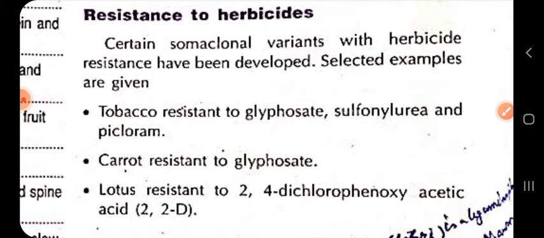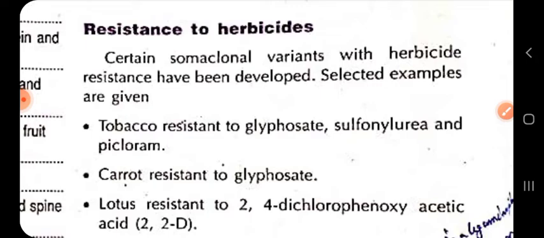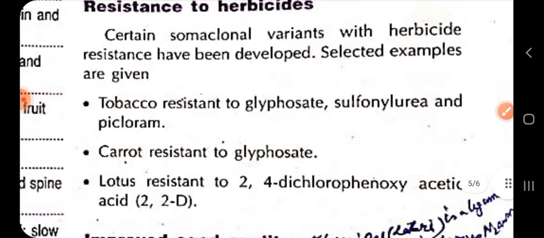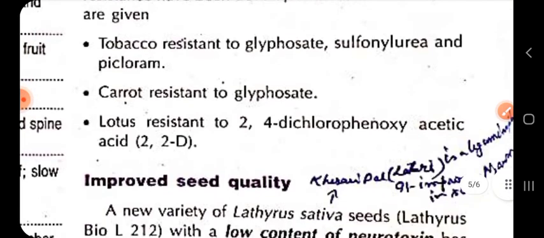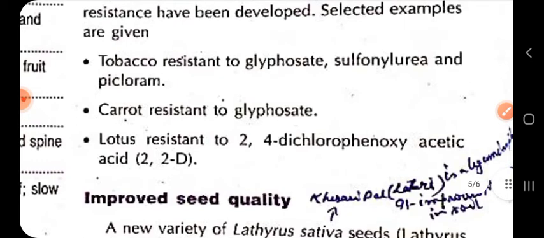But it can also affect the crops as well, because the same toxin applied to the crop plant also spreads to the top crop plant. So to withstand that herbicide condition, we can grow certain plants having that resistant property through somaclonal variation. Carrot resistant to glyphosate, lotus which are resistant to 2,4-dichlorophenoxyacetic acid. It is not a toxic chemical, it is a phytohormone.